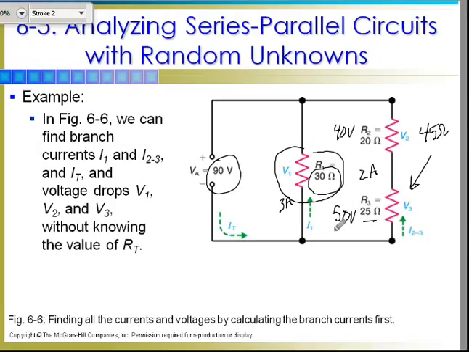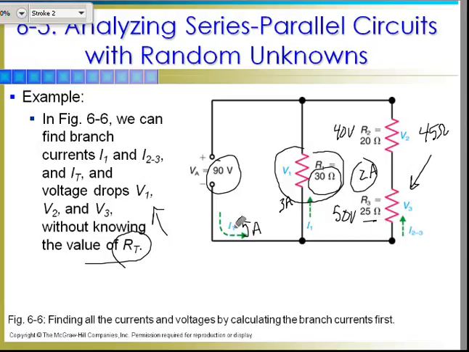So now we have our unknowns covered for that. We didn't need to know the total resistance in this case, because this is purely parallel. Oh, and the total current, of course, is 2 amps plus 3 amps, 5 amps.